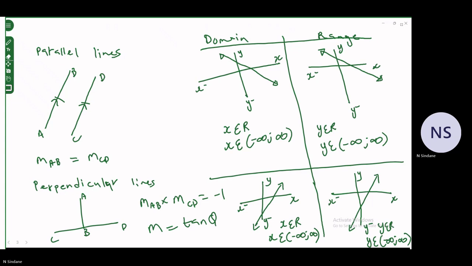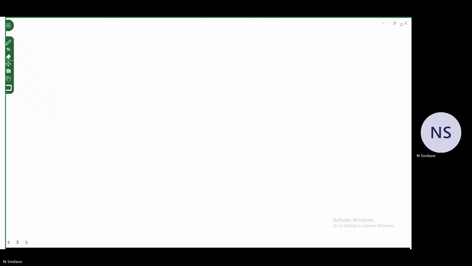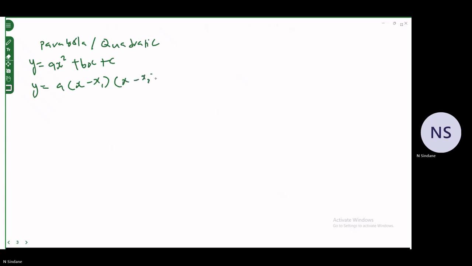Okay, let's move to a parabola, or quadratic. For a parabola or quadratic function, the first formula is y equals ax squared plus bx plus c. The second formula is y equals a into (x minus x1)(x minus x2).